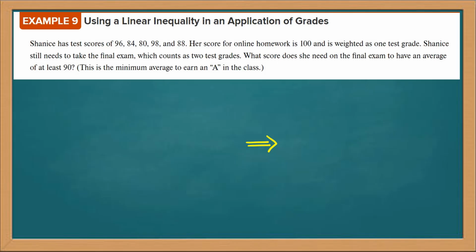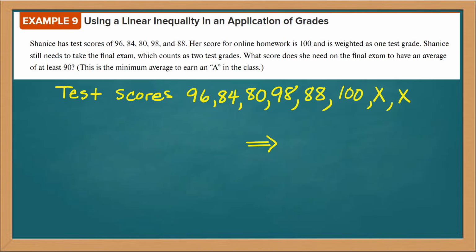So she's trying to figure out what she can make that will give her at least a 90. So the way we're going to see that is that she needs to add up her average. So she's got all these test scores plus her final exam. We're going to count the final exam twice. So you need to add up all those numbers and divide by how many numbers there are.